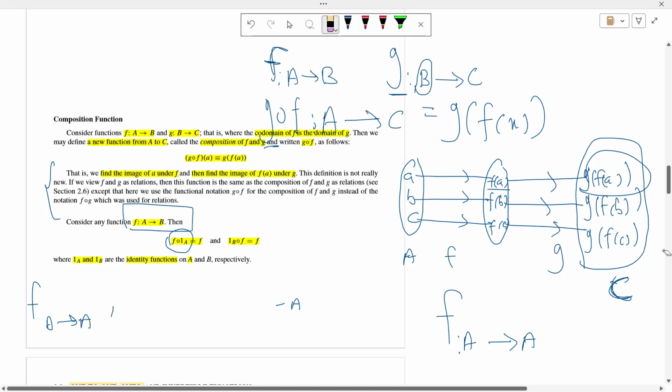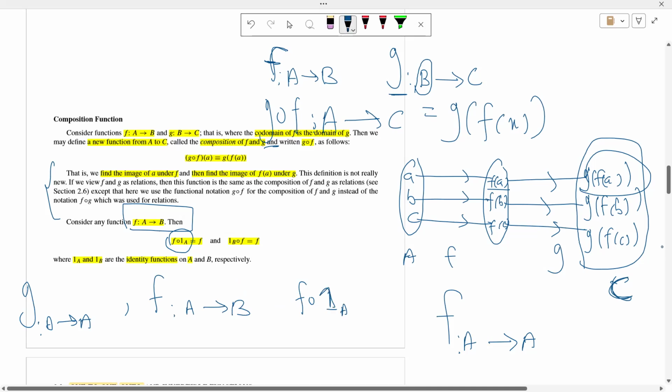And another function, maybe I will call it G. G is a function from A to A. This is my first function. Another function F is from A to B. Then they are asking F of G, that is F of 1A.